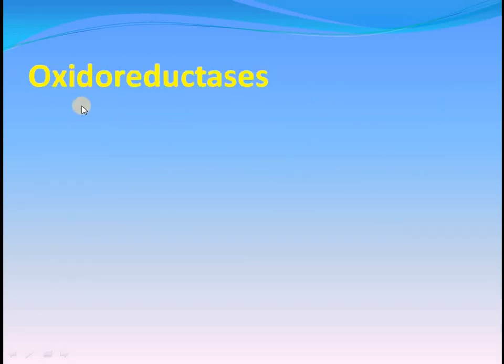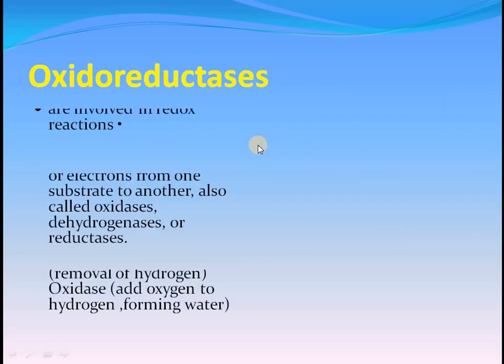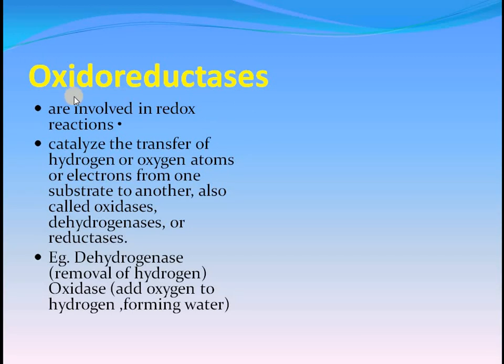The first one is oxidoreductases. As the name shows, there is an oxidation-reduction process. These are involved in redox reactions. They catalyze the transfer of hydrogen or oxygen atoms or electrons from one substrate to another, also called oxidases, dehydrogenases or reductases.